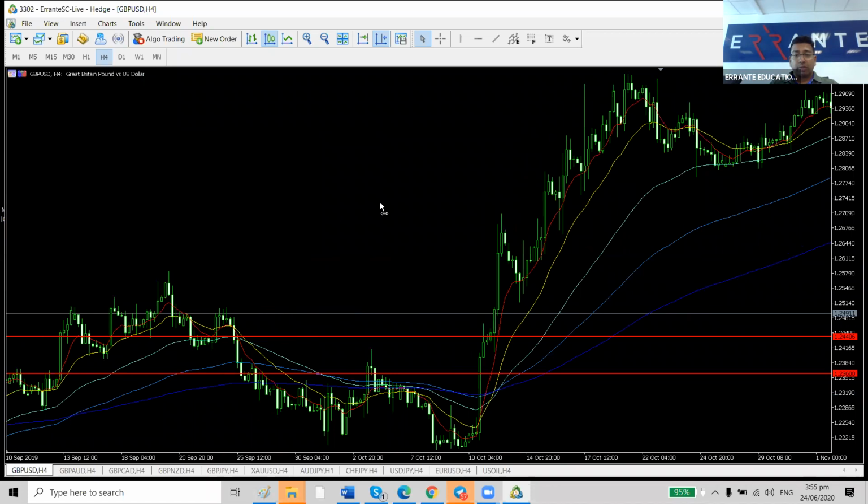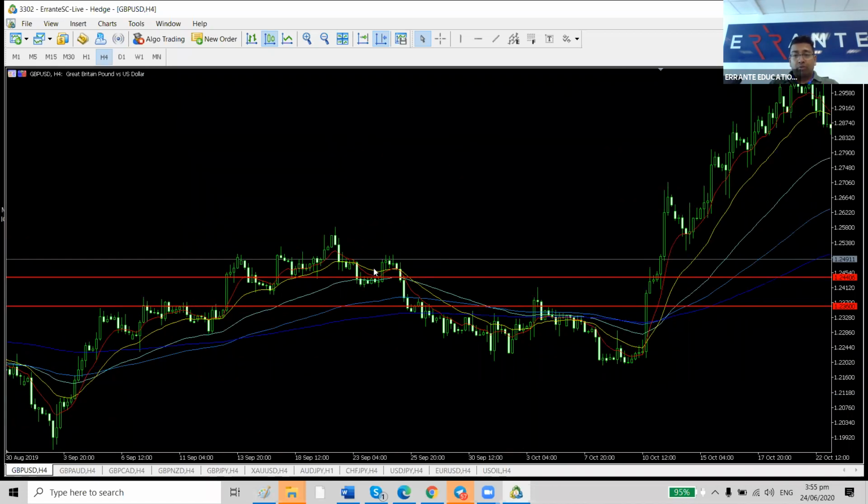Now here, for example, we have a bit of resistance here, correct? When you see a resistance or support level, one of the things to look at is sideways candles before it goes up or down. So we've got sideways candles here before it actually went down.